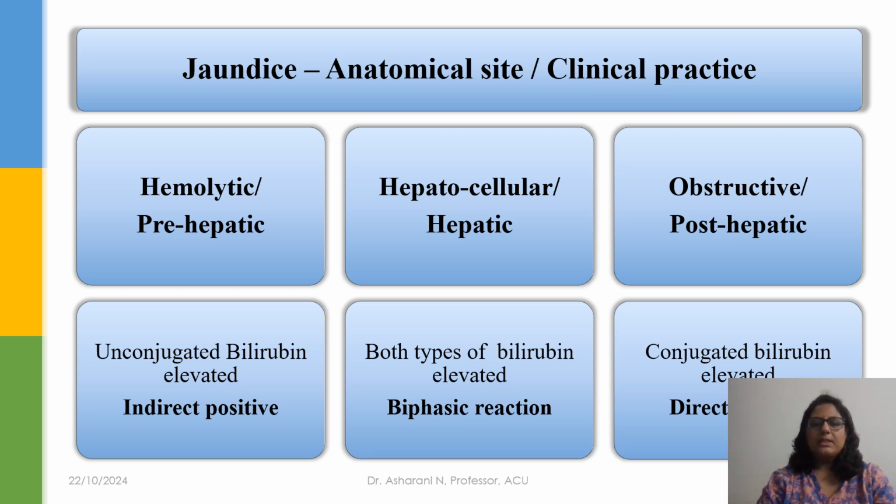If the pathology is hepatic or hepatocellular, there will be elevation of both types of bilirubin, conjugated and unconjugated, and Van den Bergh's reaction will be biphasic. The third one is after hepatic, that is post hepatic or obstructive jaundice, where there is elevation of conjugated bilirubin, and Van den Bergh's test will be direct positive.